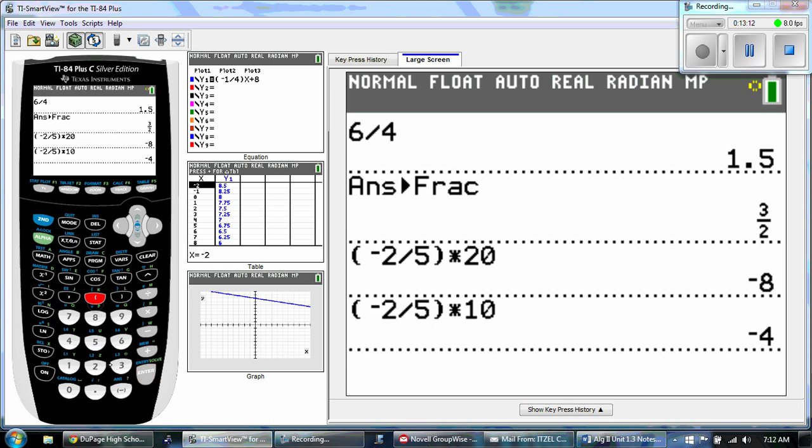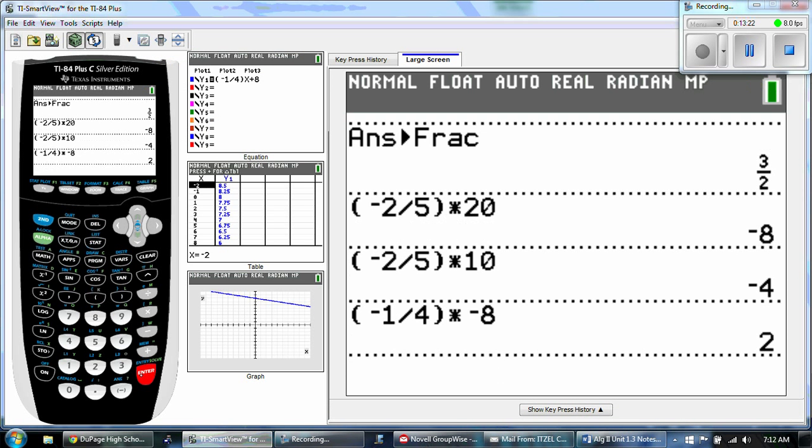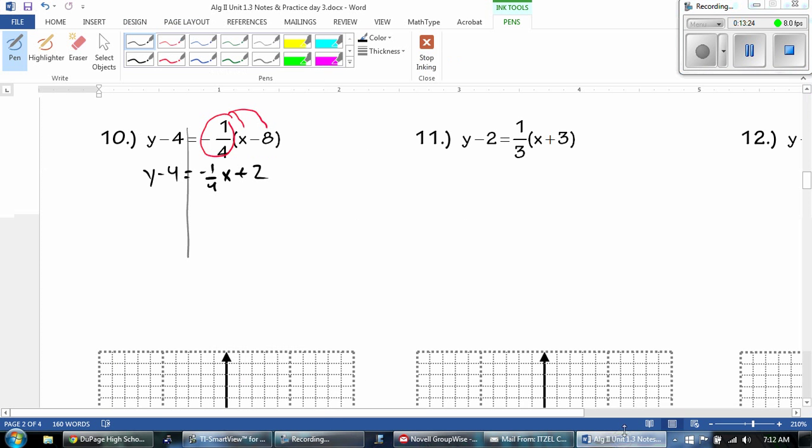And just to double check, I have negative 1/4 times negative 8, right? Yep, positive 2. Okay, so then I'm going to add the 4 to both sides. And we get y equals negative 1/4 x plus 6.